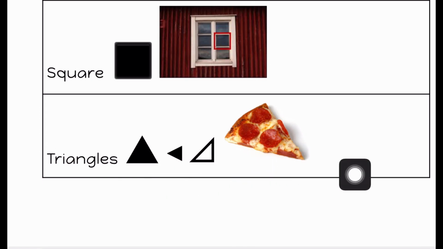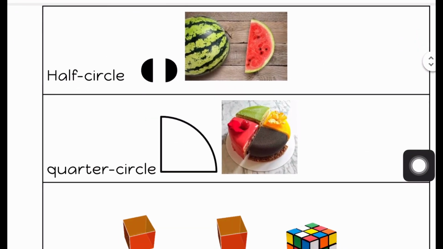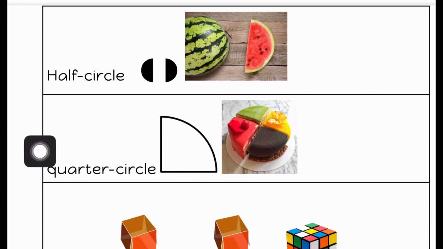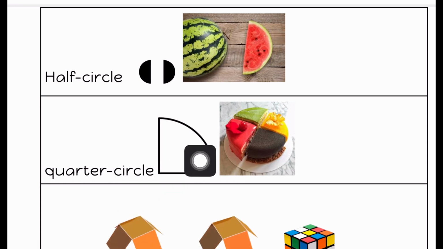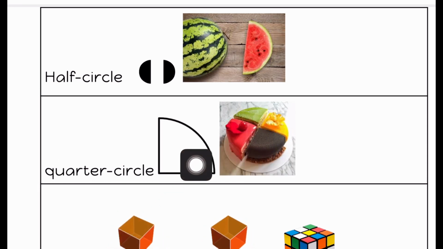Why not square? Right? How about half circle? Did we think of this thing? How about this one, like a cone, but it's actually a quarter circle? When we were cutting cakes, did we think of these things?